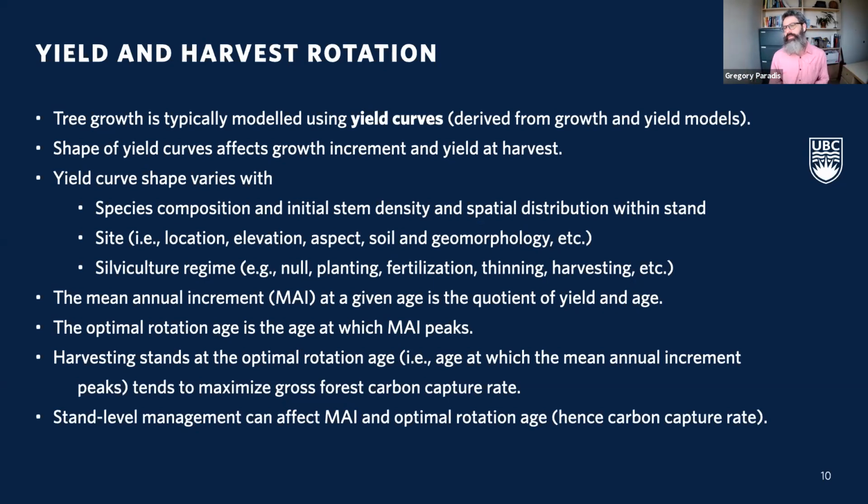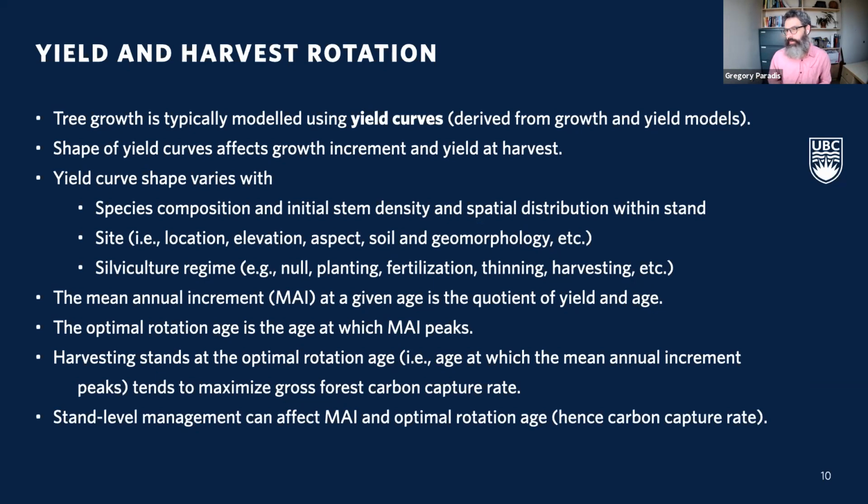So the point is, it's very tempting for foresters, all other things being equal, to always harvest stands at the optimal rotation age, unless there's something else, like maybe carbon management, that would push us to deviate from that. So it's important to understand that there's an age to which forest managers will always gravitate unless there's something pulling them away from it. And stand level management can affect this mean annual increment and rotation age.